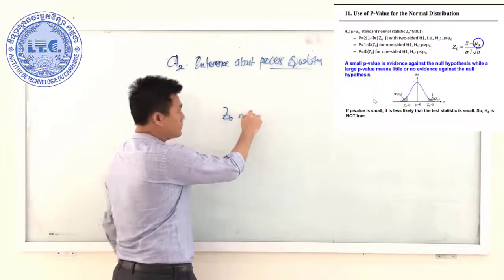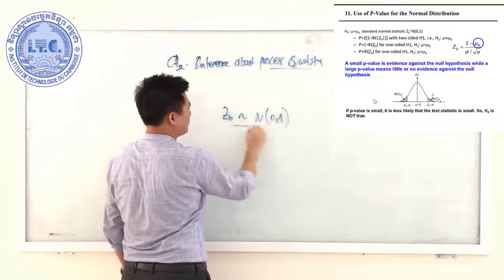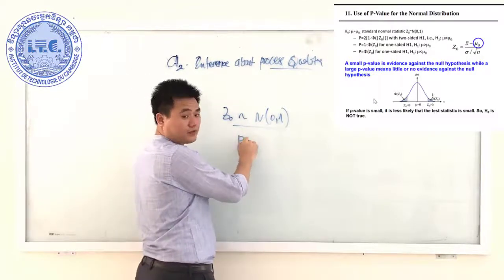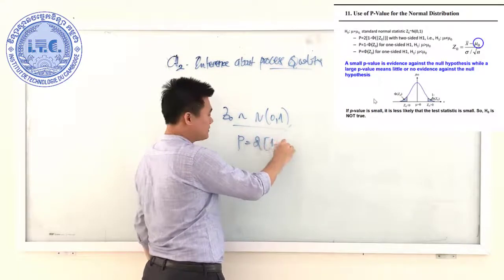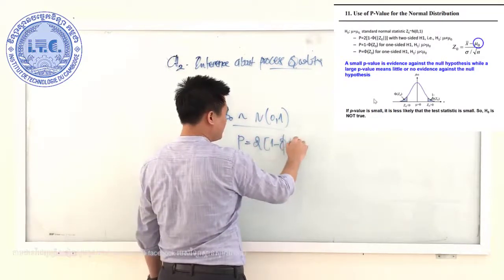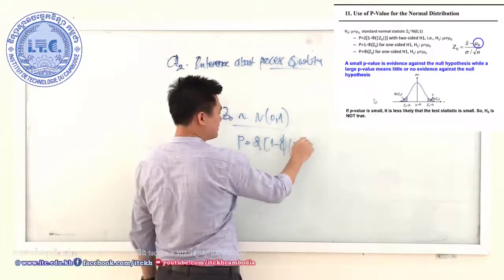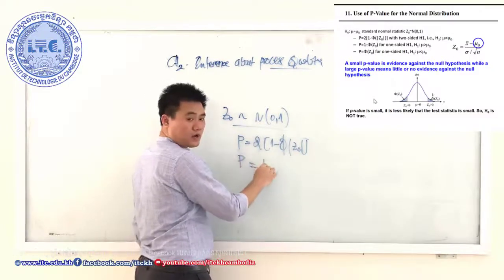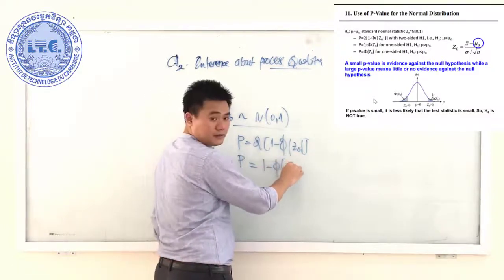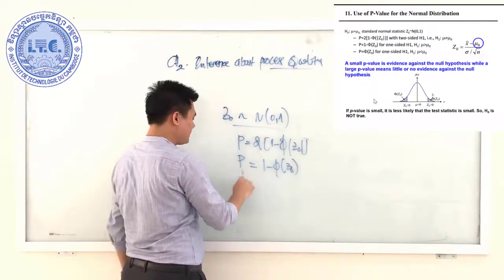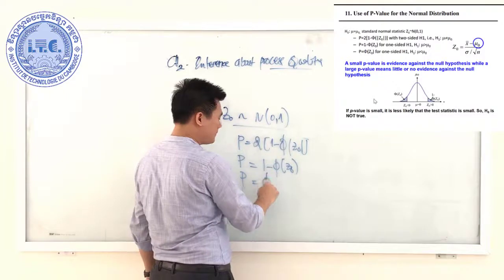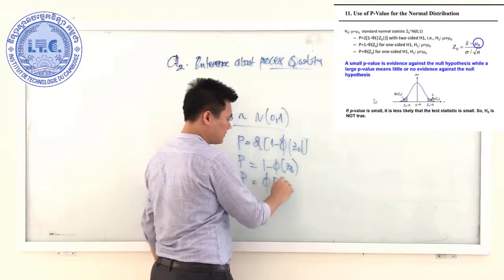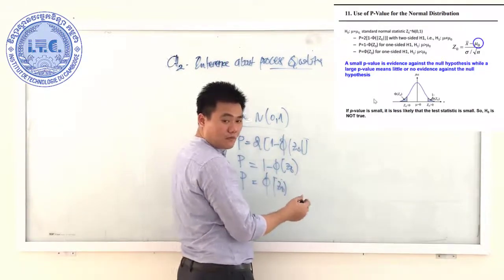Z0 equals N(0,1). The p value for both sides is equal to 1 minus phi of the absolute value of z0. For one side, p equals 1 minus phi of z0, and p equals phi of z0 for the other.